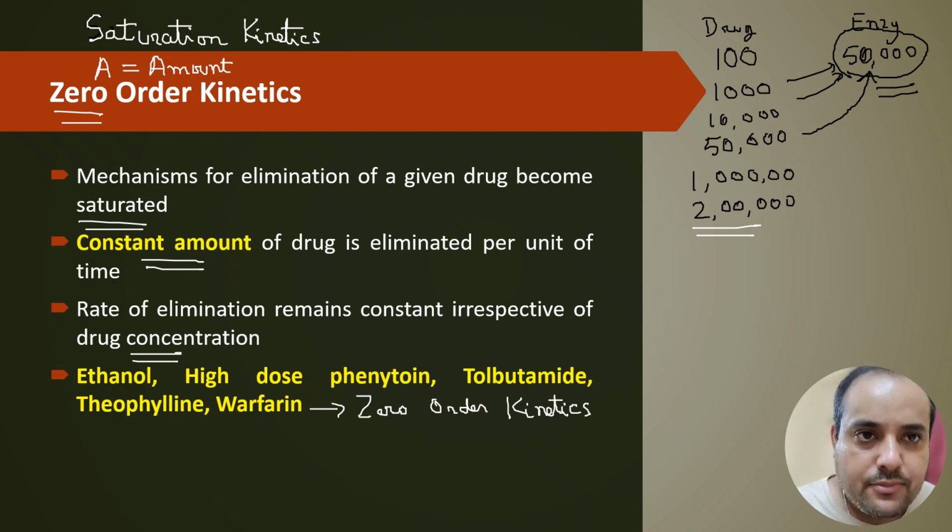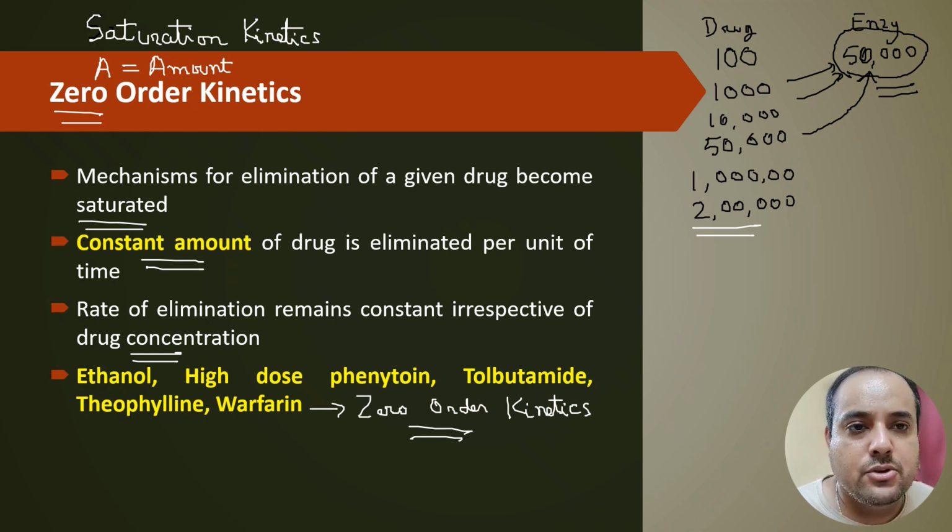Now why do they follow zero order kinetics? They follow zero order kinetics because the concentration of the drug at the clinically given dose reaches the saturation point of the enzymes. Normally a drug will follow first order kinetics, and only if the enzymes are getting saturated will they follow zero order kinetics.